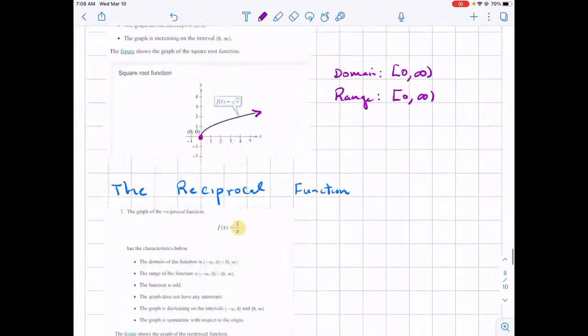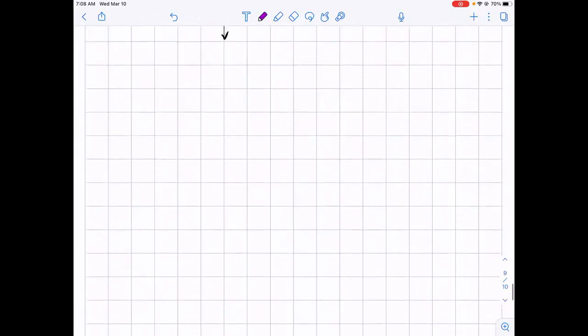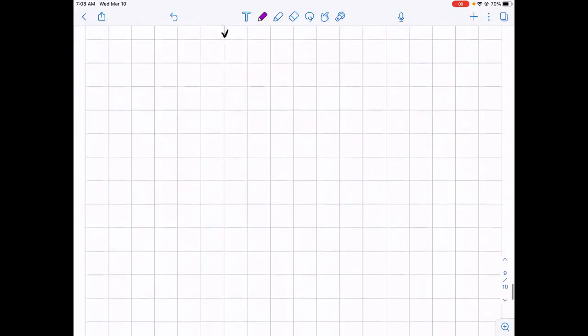And let's look at one more. Oh, sorry, the greatest integer function, okay? The greatest integer function, also known as the step function.